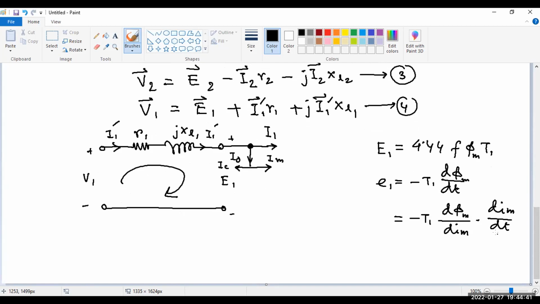Okay, so this is nothing but the inductance. The definition of inductance is this. So this is the magnetizing inductance, L di dt. So this is how the N d phi dt and L di dt equations are similar.